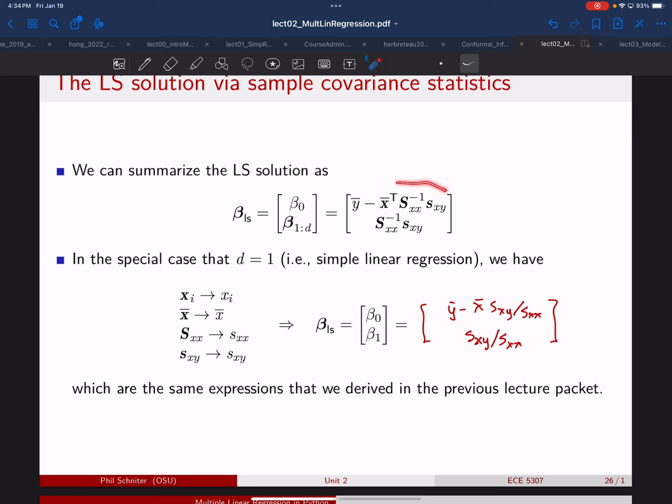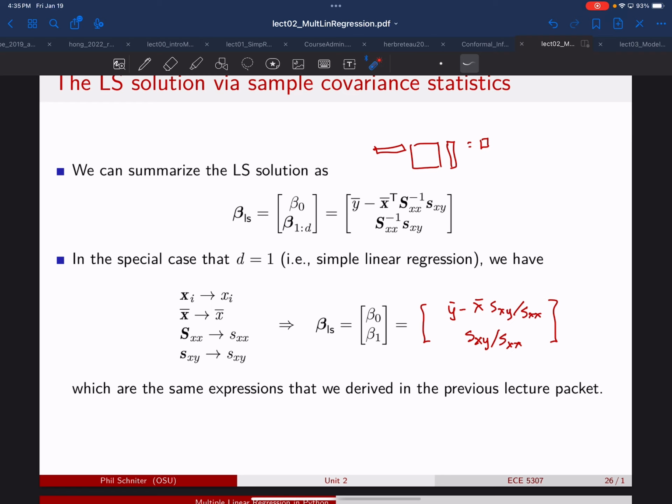And then similarly over here, we have sxx in the denominator. We have an x bar, we have an sxy, so that all works. But again, with vectors and matrices, the order matters. So this is really the order we need for this to be a scalar quantity. We have a row vector, followed by a matrix, followed by a column vector, and that is going to be a scalar. Okay, so everything agrees. It's just that previously we saw a special case, the scalar case. Now we just expanded it to the vector case.